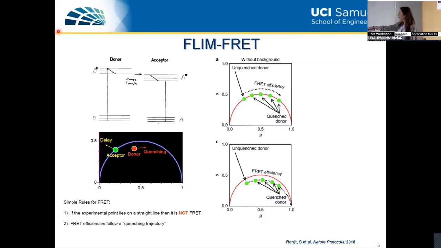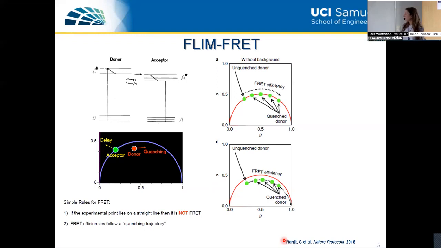The first one is if we have a monoexponential decay that lies on the universal circle; when the molecule is being quenched, it will go towards shorter lifetimes in the phasor plot. But if we have a fluorophore that has a multi-exponential decay and the point is inside the universal circle, we can perform FLIM FRET anyway. Just the trajectory is all inside the universal circle.